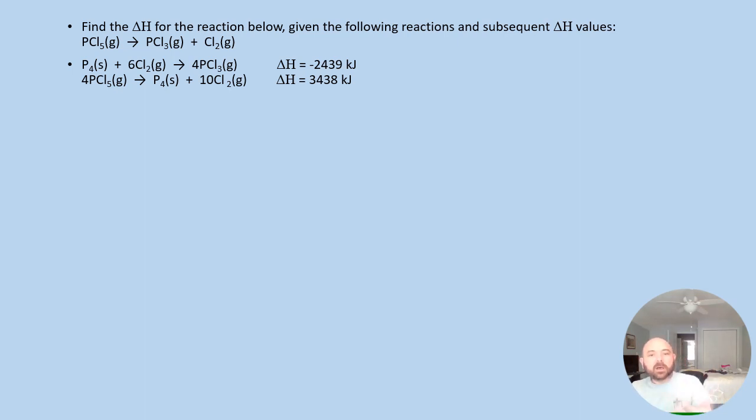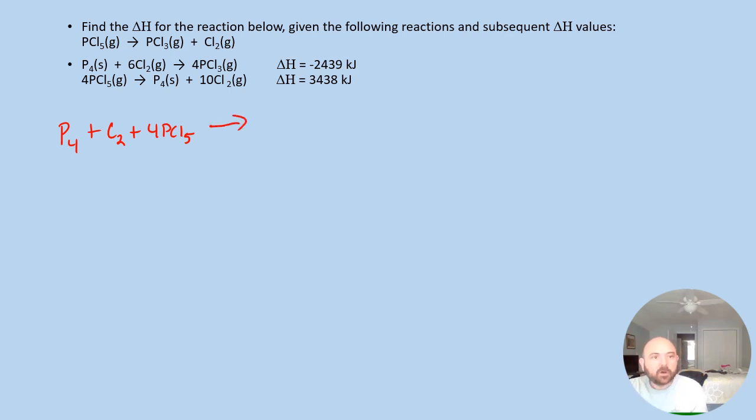So if we combine the two expressions that we have here, we have P4 plus 6Cl2 yields 4PCl3. But we also see 4PCl5 in the second equation's reactants, and so we can put it in there with our reactants too, if we're combining the two processes.